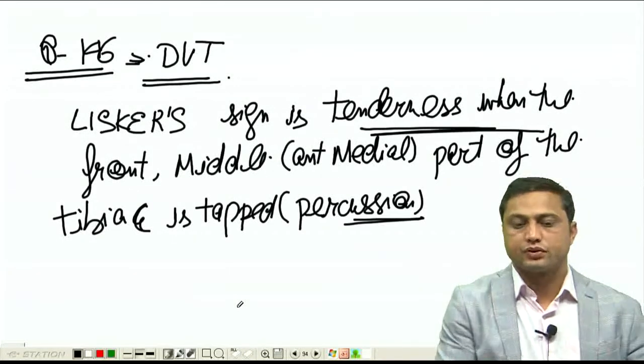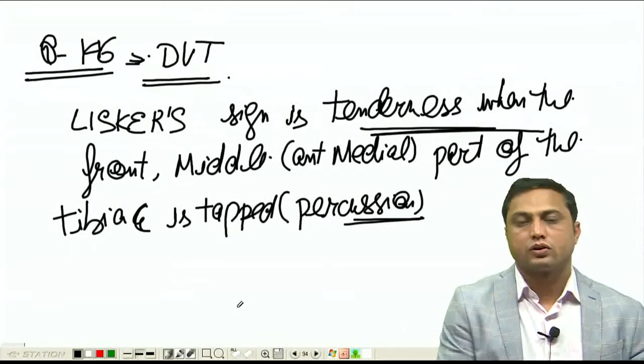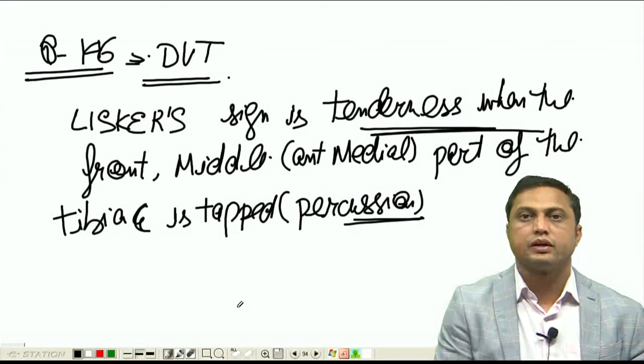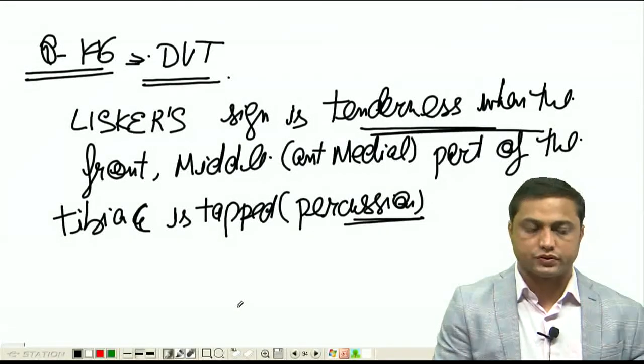This basically develops in patients who are having blood clots in their legs, meaning the patient is having deep vein thrombosis.